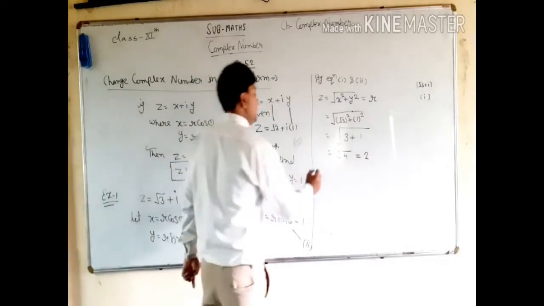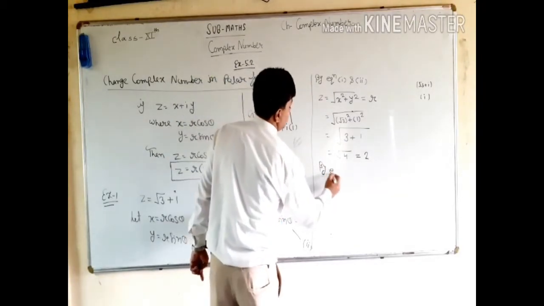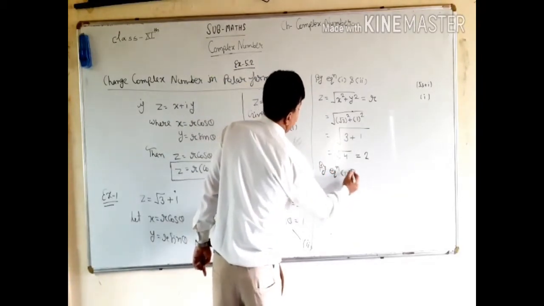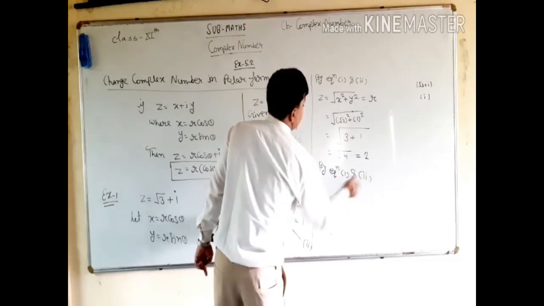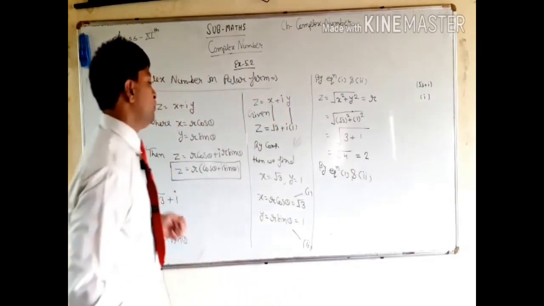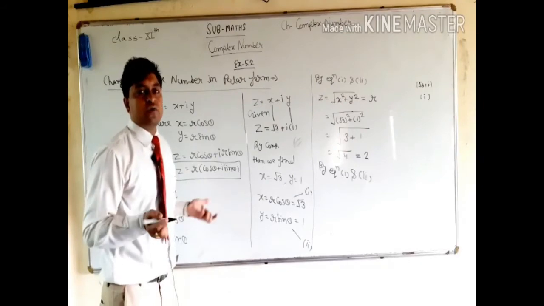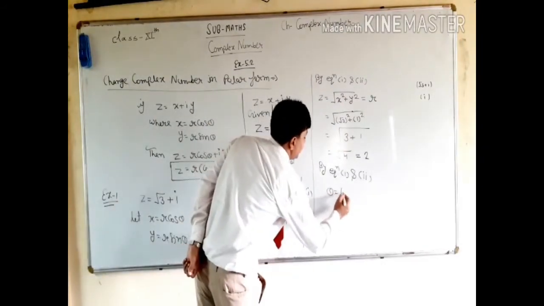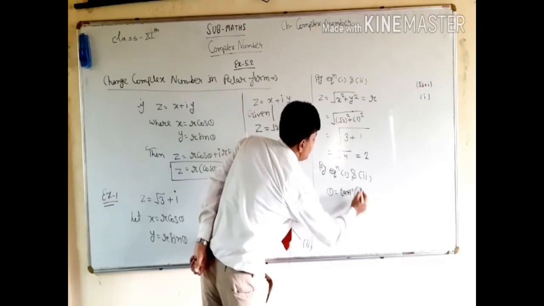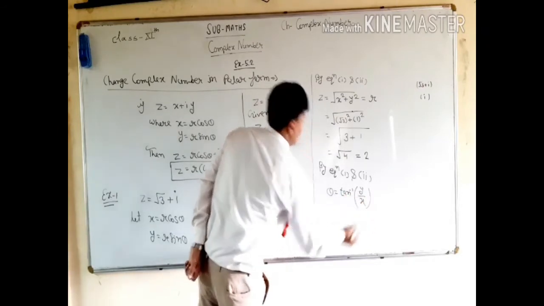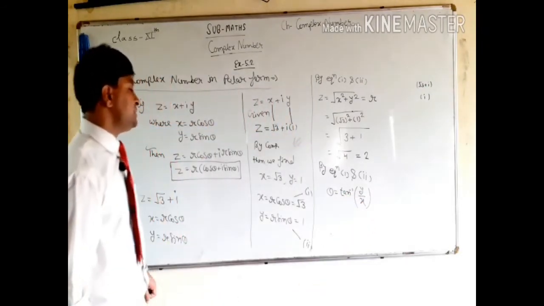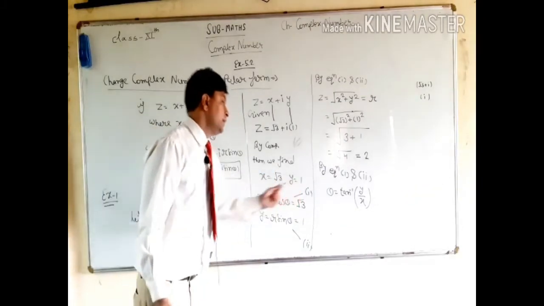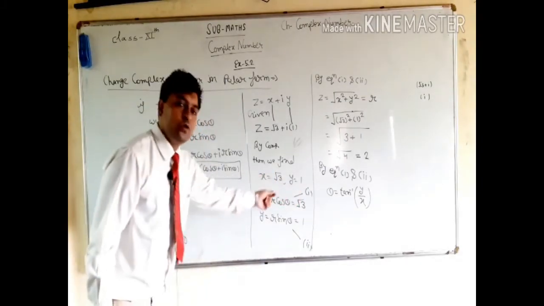Now again, from equations 1 and 2, we know the formula of argument: theta equal to tan inverse y upon x. So y is 1 and x is root 3.